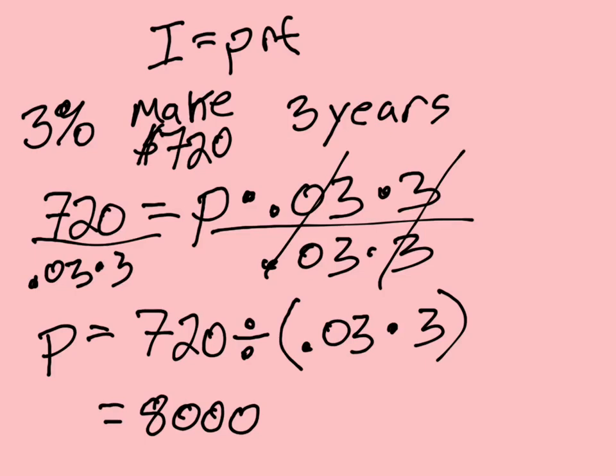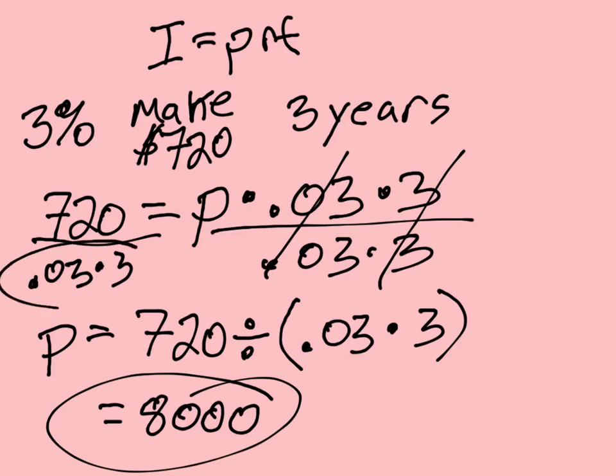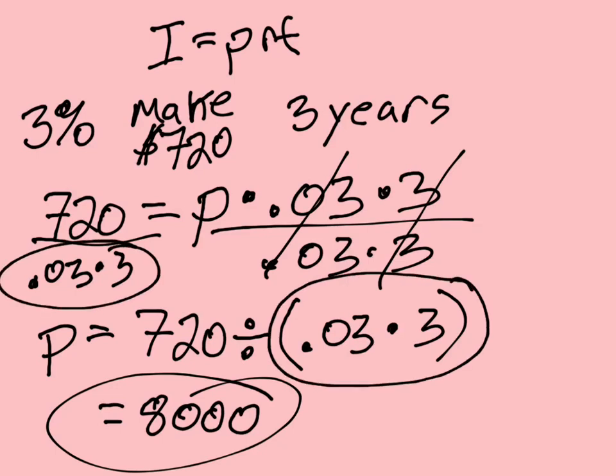So if I invest $8,000 at 3% for 3 years, I'll make $720. And really, that is the interest equation. So that's all we have to do. And we can figure out any of these variables that we're missing just by dividing. And the key thing is right here, when we divide, we need to remember to divide in parentheses. That's the big deal.